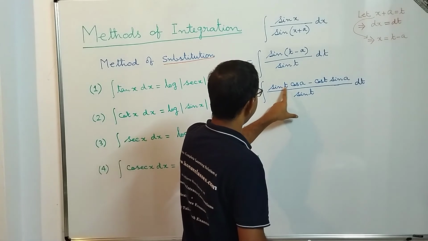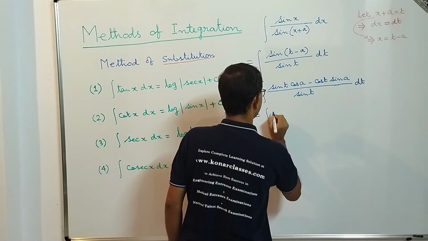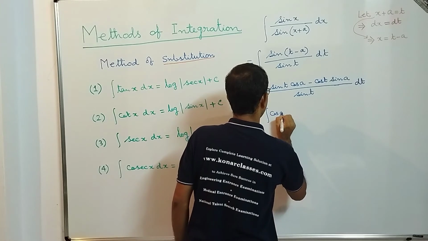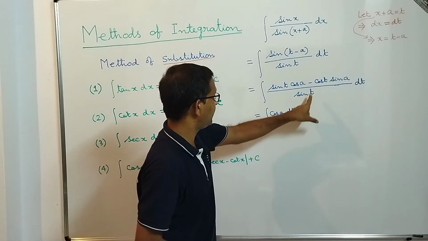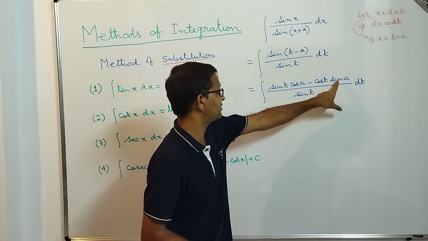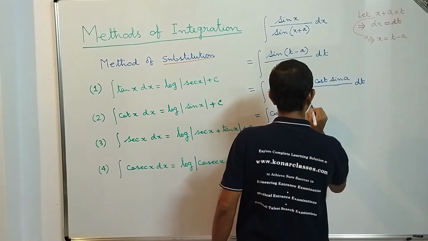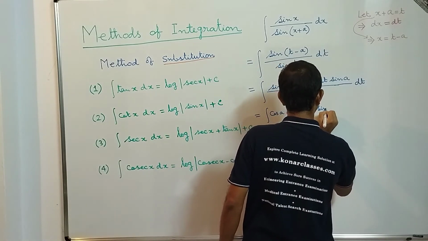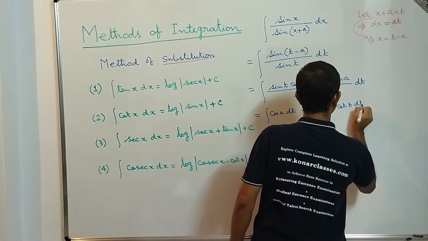So now sin t cos a by sin t, so that becomes the integration of cos a dt minus cos t by sin t into sin a dt. So sin a will be there, and cos t by sin t is cot t. So minus the integration of sin a into cot t dt.